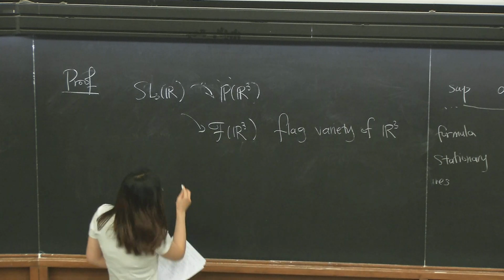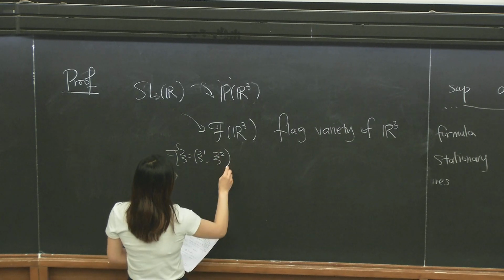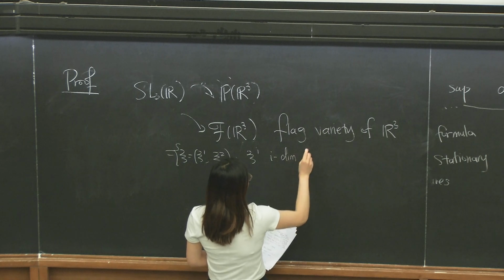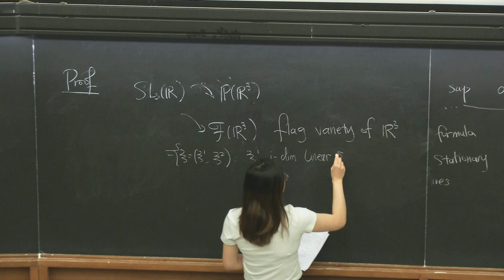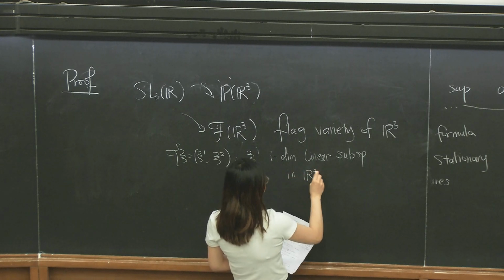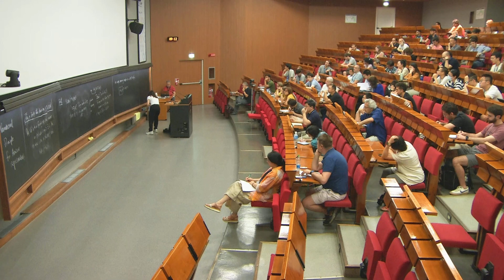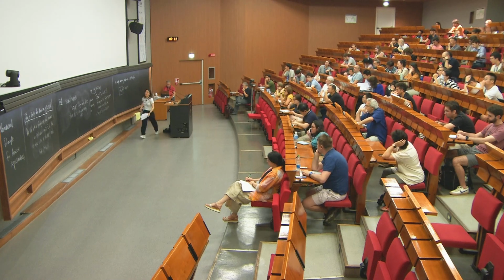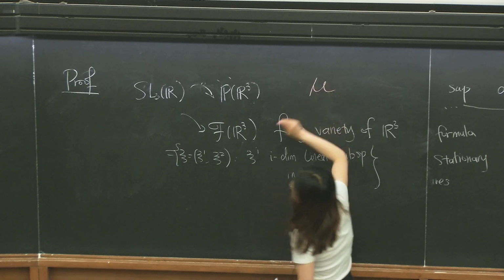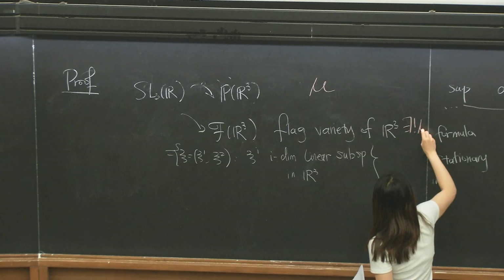This space consists of pairs (C1, C2), where Ci is an i-dimensional linear subspace in R3. For the action on PR3, we have the unique stationary measure mu. And for the action on the flag variety, we also have a unique stationary measure.